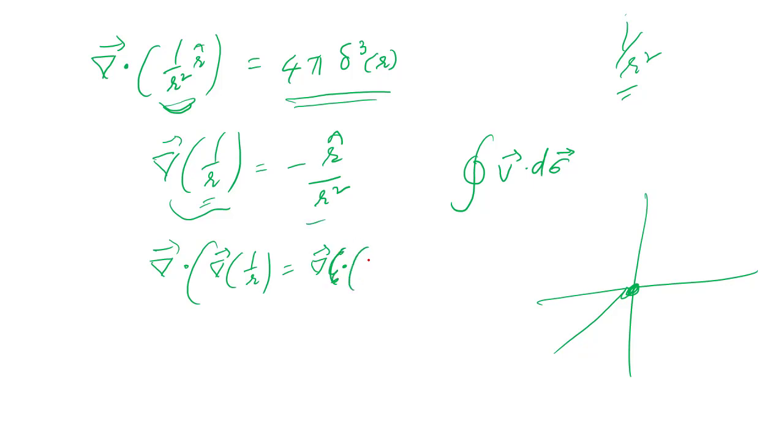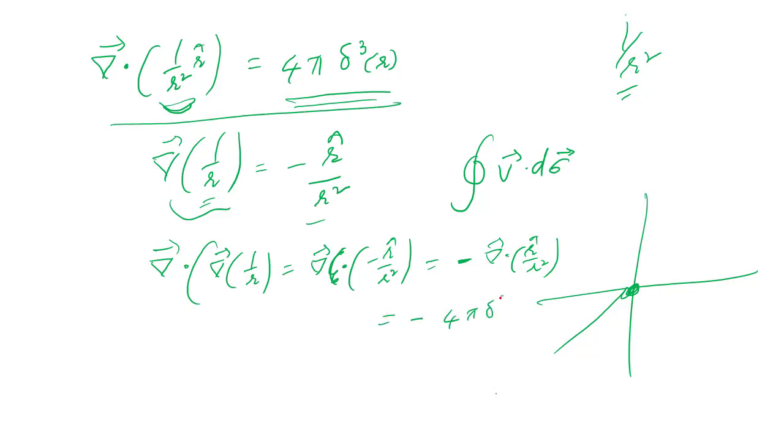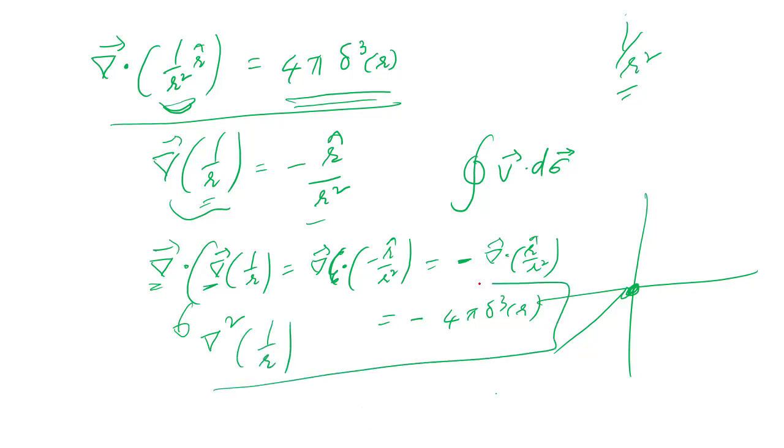That would give me negative del dot r over r squared, which is the same as this. So this would be negative 4 pi delta cube r. Here we're doing the divergence of gradient, so this is the scalar Laplacian. It is acting on a scalar function like 1 over r, and then it gives you this result. This is what we call the scalar Laplacian.